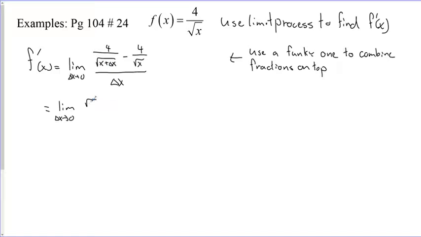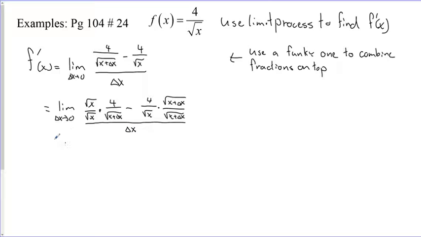So I'm going to multiply this one by square root of x over square root of x. It's still going to be 4 over square root of x plus delta x. And then this one will still be minus 4 over square root of x, times the square root of x plus delta x over the square root of x plus delta x. And don't forget, that's still over delta x.